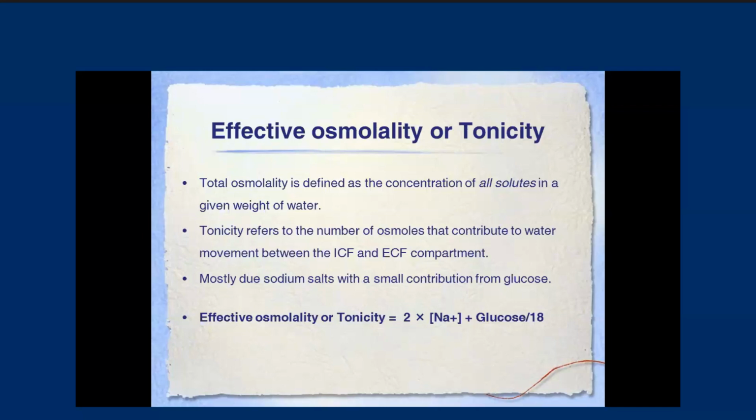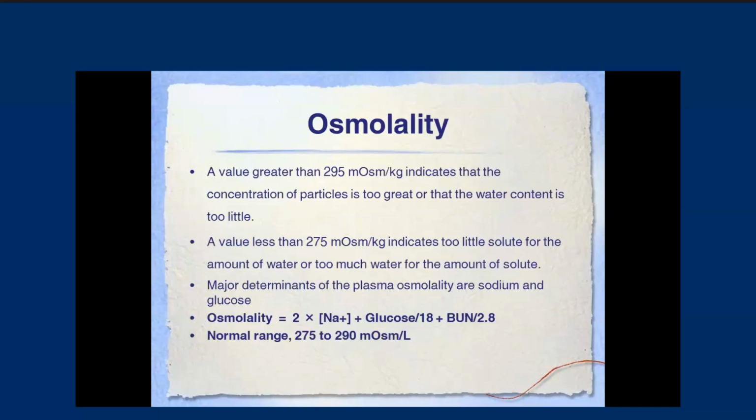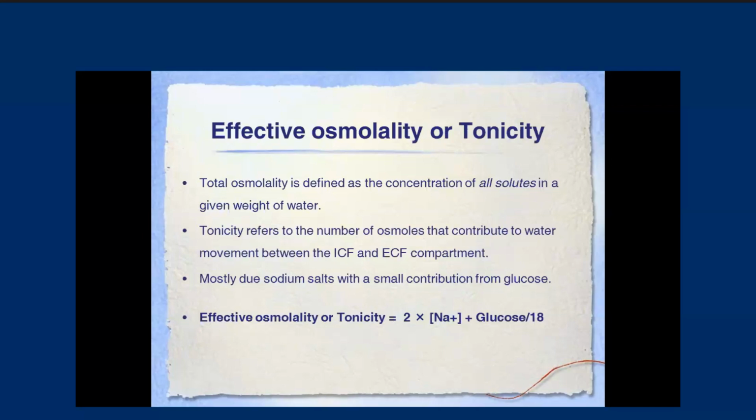But if you recall from the previous formula in determining osmolality, we use BUN too. But BUN is an ineffective osmol, and an ineffective osmol means that the BUN moves between the body compartments, between the intracellular fluid as well as the extracellular fluids, freely.